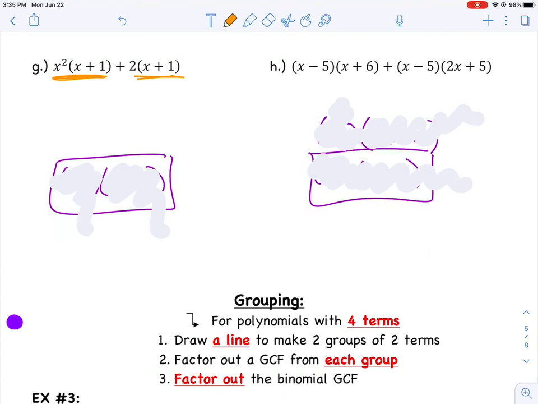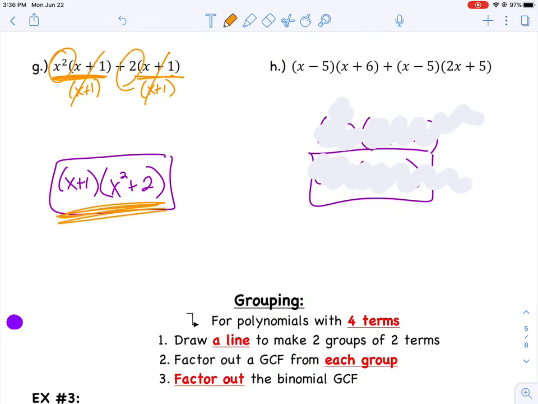So if I'm factoring out a GCF, if each term has an x plus 1 in it, I can actually factor out that x plus 1. Now, when I factor out the x plus 1 and I divide both terms by it, then what's left over? Well, in my parentheses, I have a leftover x squared and I have this leftover positive 2. So this would be the factored version of my original problem.